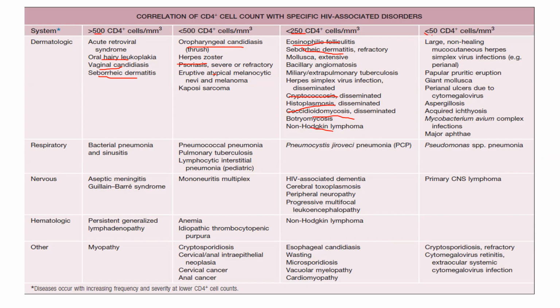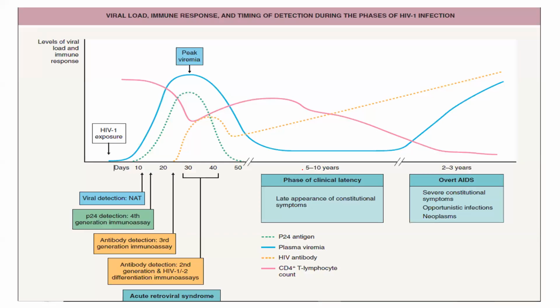If the CD4 is below 50, in this case it is severe, and you have all that is mentioned before plus all these other diseases, even atypical mycobacterial infection, major ulcers, and the rest. You will also have different manifestations in the rest of the systems, like respiratory, nervous, hematological, and myelopathy. These are covered in other sections.